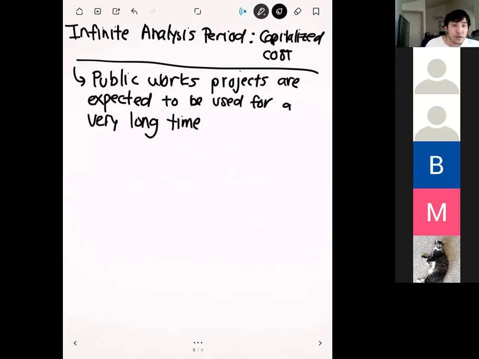So in the case where you expect to be maintaining and doing something for eternity, right? So in these cases, your n, for all intents and purposes, will be infinity, right?